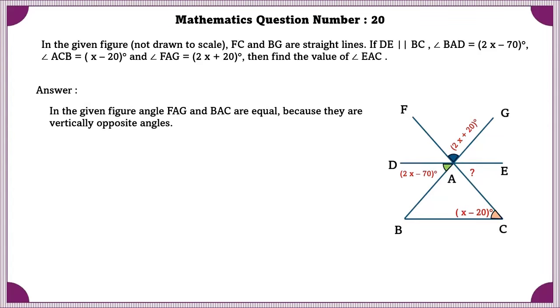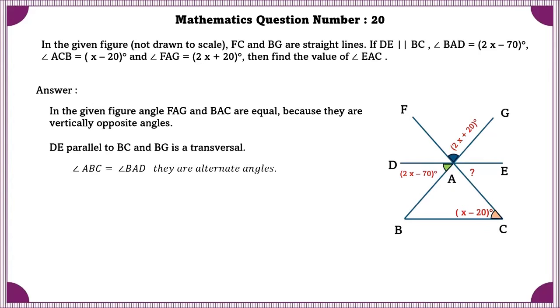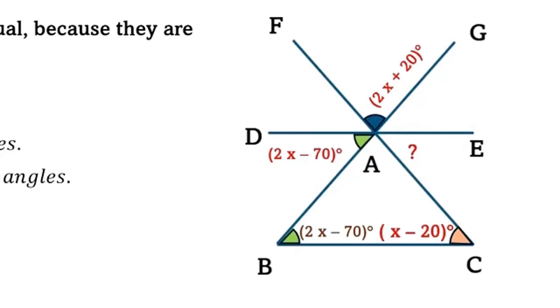In the given figure, angle FAG and BAC are equal because they are vertically opposite angles. DE is parallel to BC and BG is a transversal. Angle ABC is equal to angle BAD as they are alternate angles. Angle FAG is equal to angle BAC because they are vertically opposite angles.